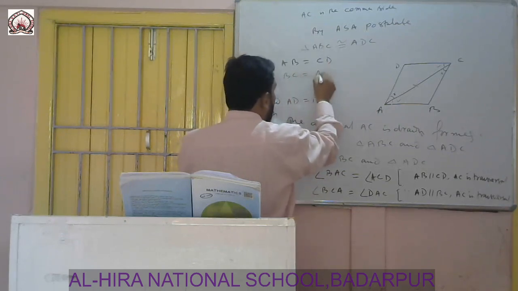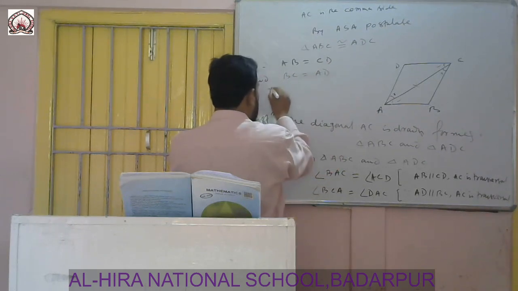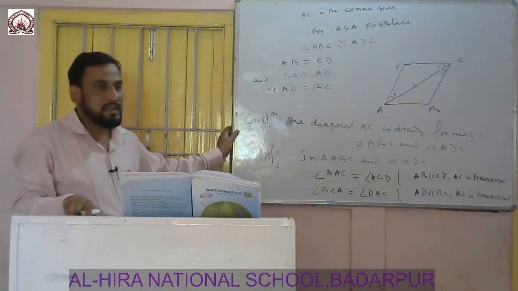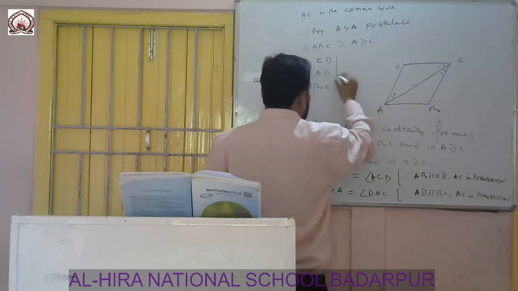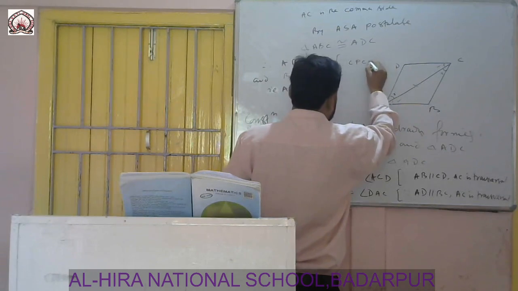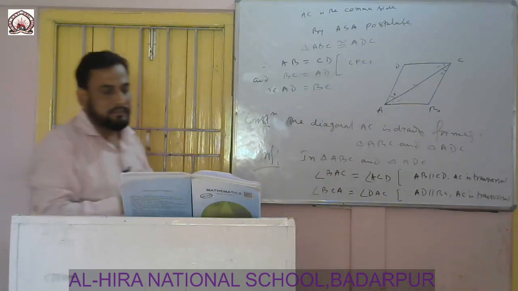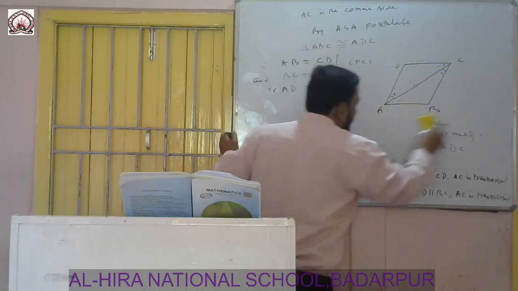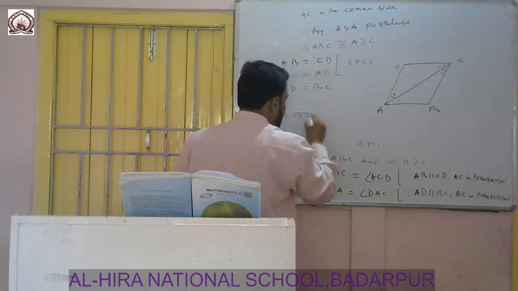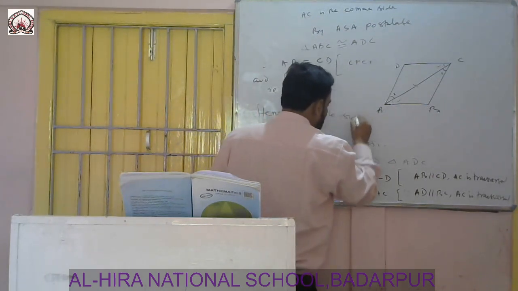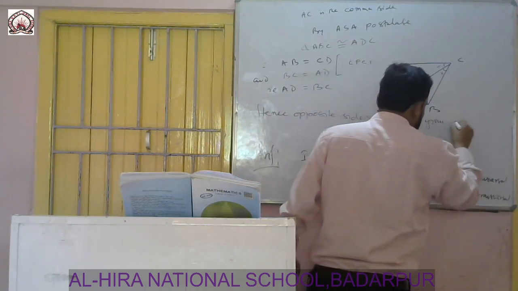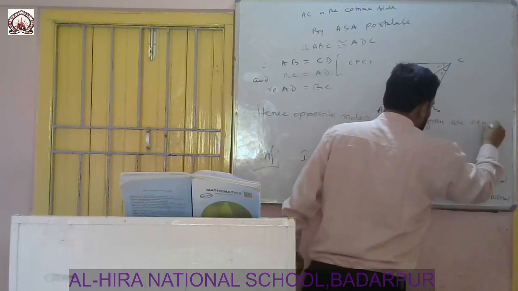Hence, how are these two lines equal? By CPCT, corresponding parts of congruent triangles are equal. So we can say that, hence, opposite sides of a parallelogram are equal.